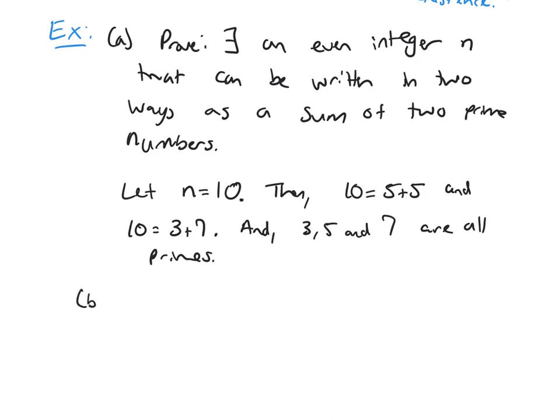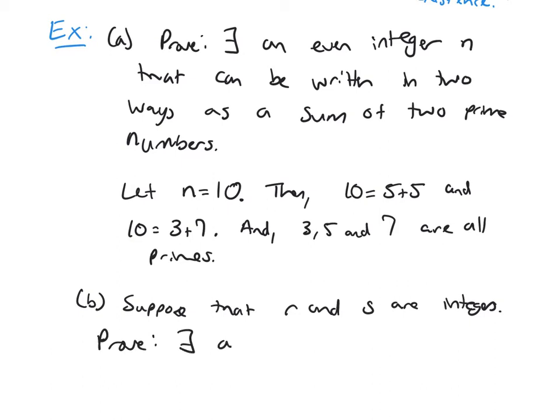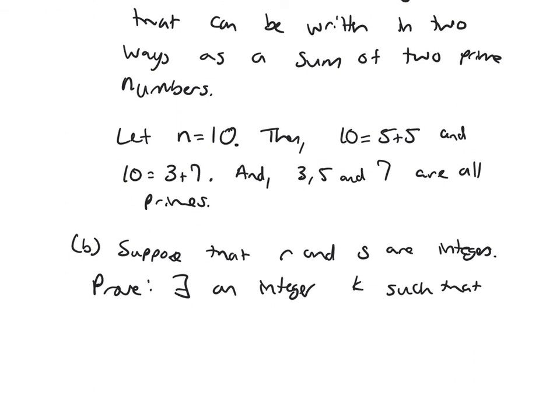All right, let's look at another one. Suppose that r and s are integers. Prove there exists an integer k such that 22r plus 18s equals 2 times k.